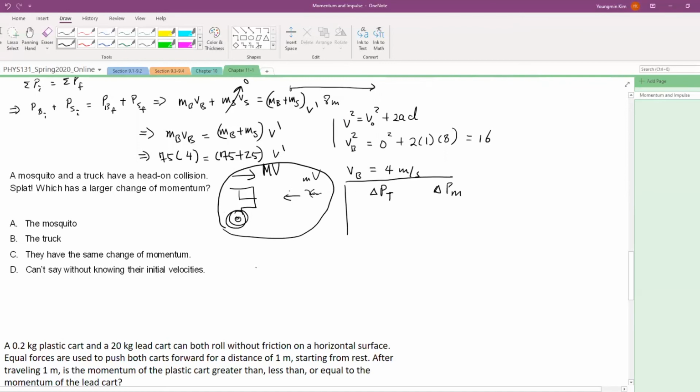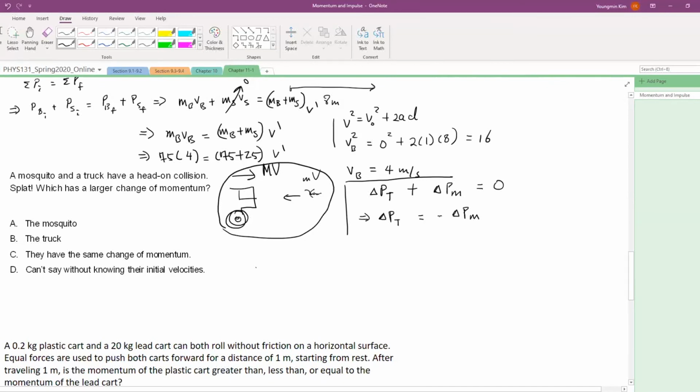In this system, the conservation of momentum tells us what? That if I add them up, they should be zero. That's what the conservation of momentum says. Meaning that the change of momentum of the truck is actually the same as the change of momentum of the mosquito.